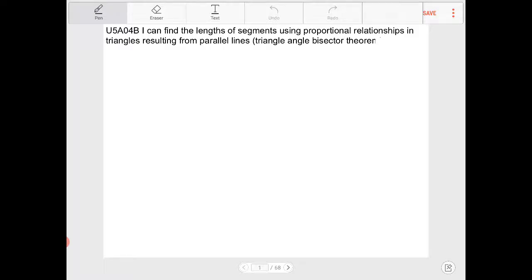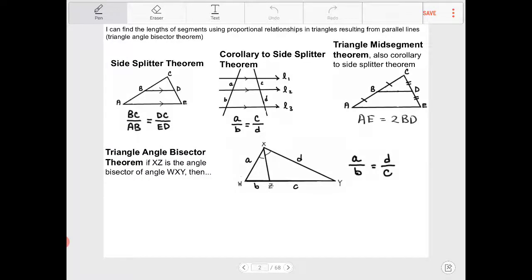Let's take a look. Students, the theorems in the top row were the theorems that we had gone over in lesson U5A04a. The new theorem for this lesson is shown on the second row, which is the triangle-angle bisector theorem, which states if we have a line segment that's bisecting a particular angle in the triangle, in this case angle x, then the result is we're going to have a base that's partitioned into some parts.